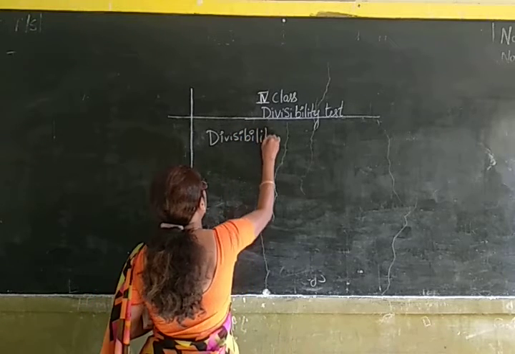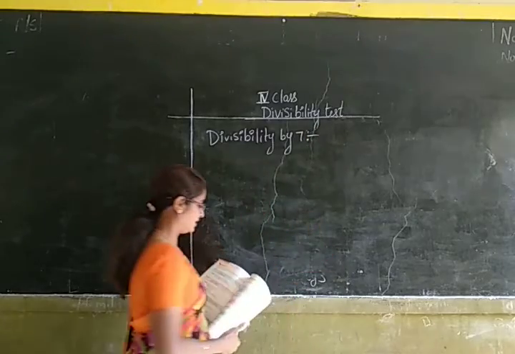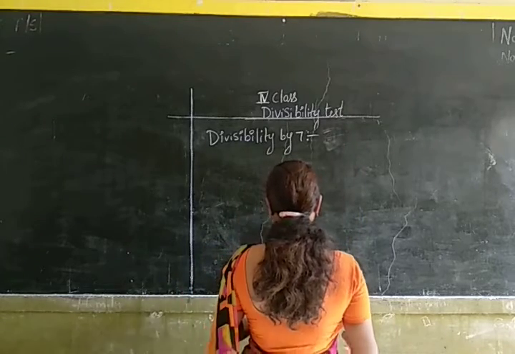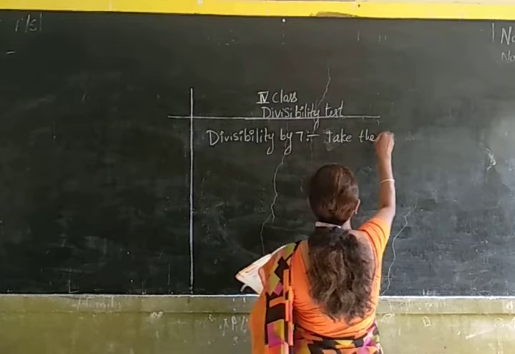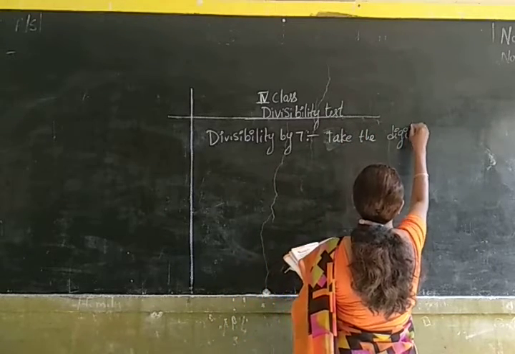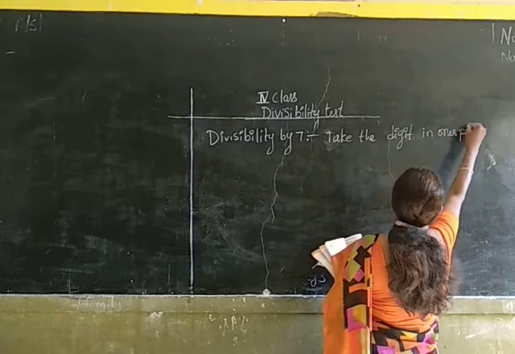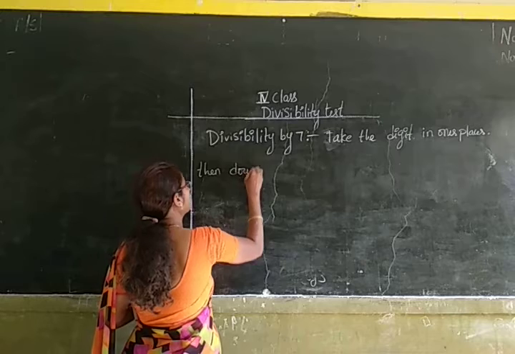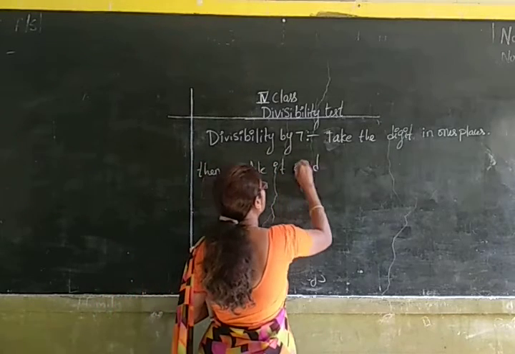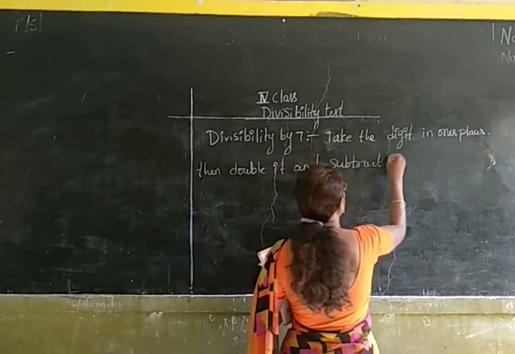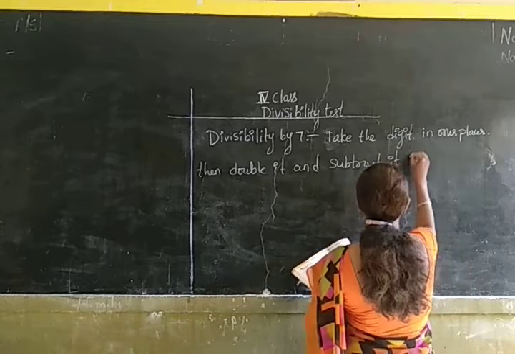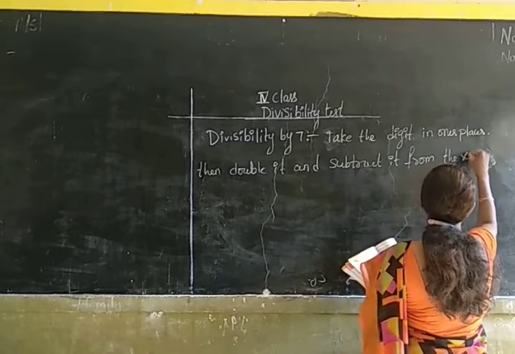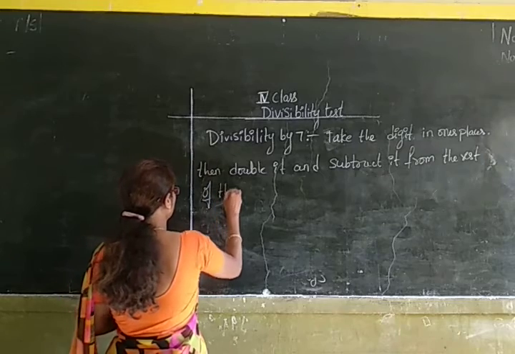Divisibility by 7. For that, what you have to do is take the digit in ones place, then double it, and subtract it from the rest of the numbers.